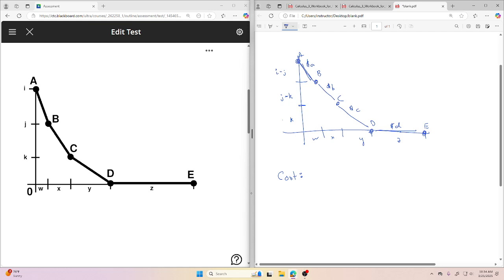I need the distance from A to B. We have the AB distance multiplied by little a dollars, plus my BC distance times little b dollars, my CD distance times little c dollars, and finally DE distance times little d dollars. And I want to minimize this.